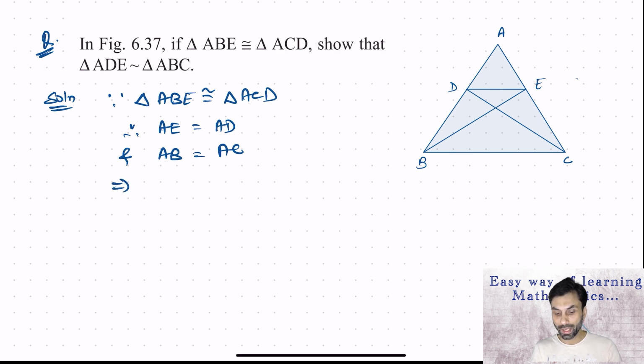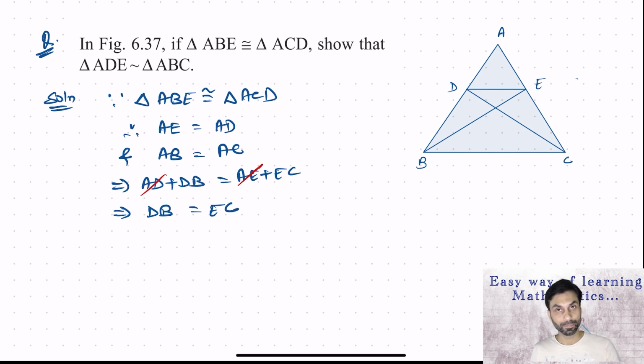Now we can write AB as AD plus DB, which will be equal to AC, written as AE plus EC. Here we know that AE and AD are equal, so we can cancel them. We get DB equals EC.